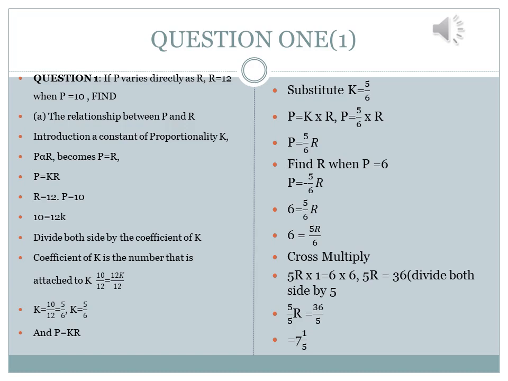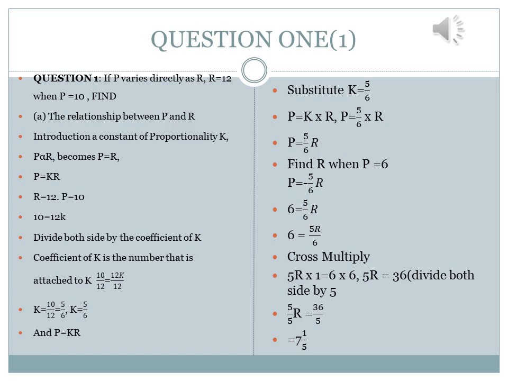So 12 is the coefficient of K. So we have to divide both sides by 12. So at the end of the day, 12 cancels 12, so K will be equal to 10 over 12.